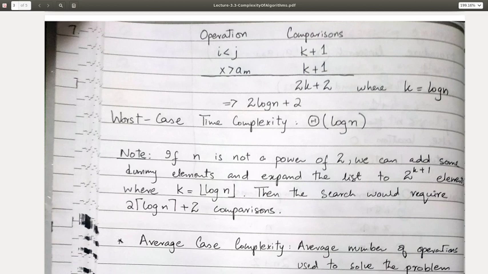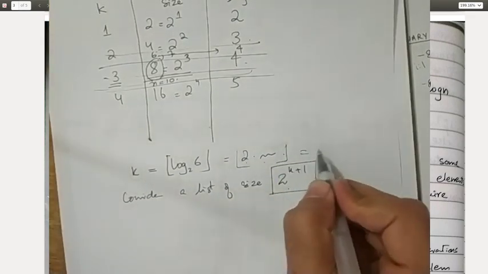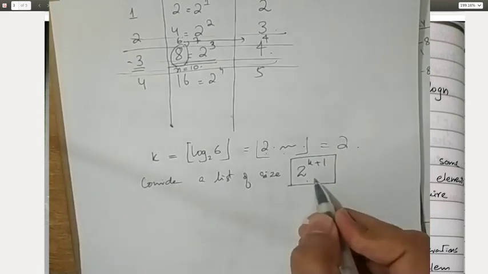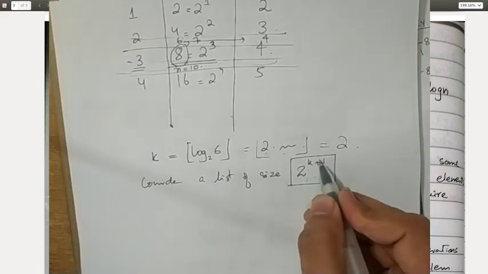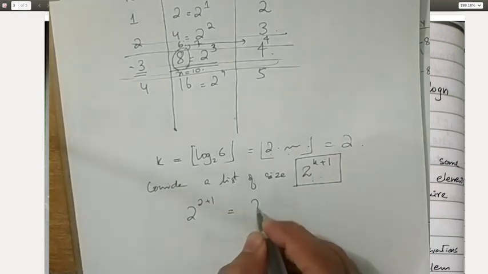The reason we floored it was to find the previous one. When you floor this, you get 2, and then you have to expand it to a list of 2 to the k plus 1. So your size will be 2 to the 2 plus 1, which is 2 to the 3.